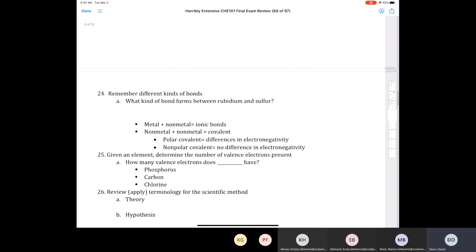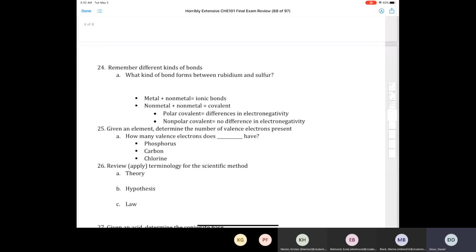Okay, let's talk about bonds, different kinds of bonds. It says, what kind of bond forms between rubidium and sulfur? The first thing we would want to do is find rubidium on the periodic table.